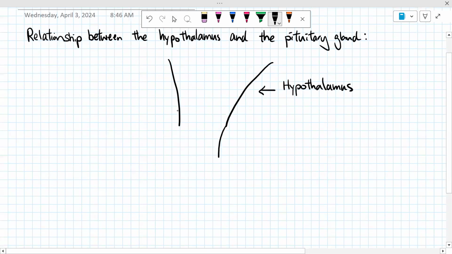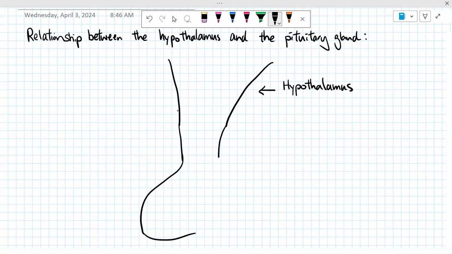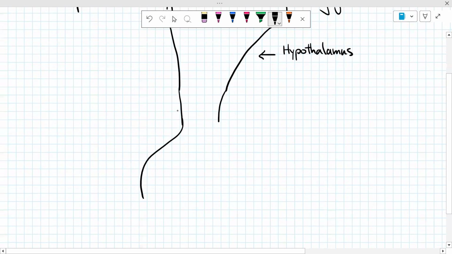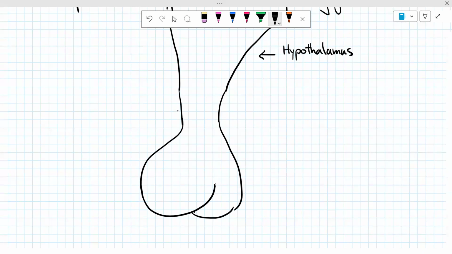And then under the hypothalamus, that's where you will find the pituitary gland. So the pituitary gland has a bigger one. That's called the anterior pituitary.